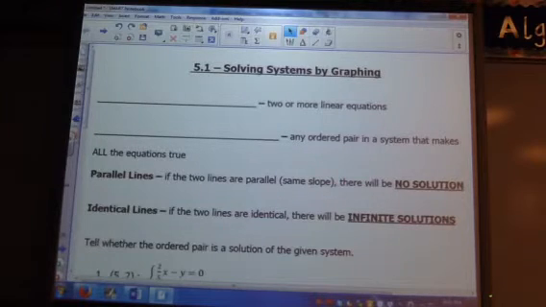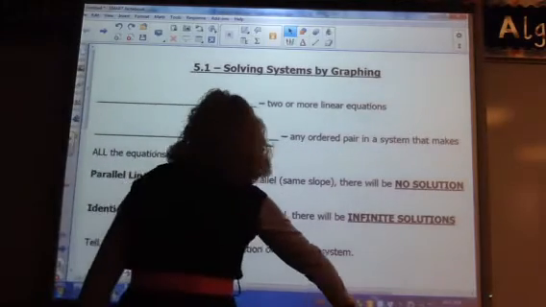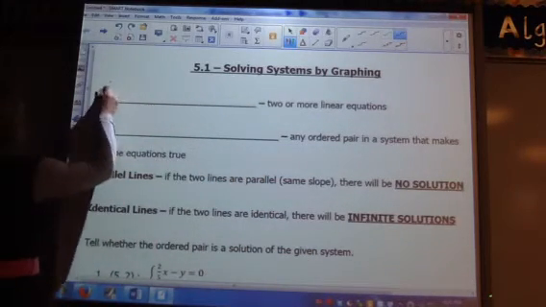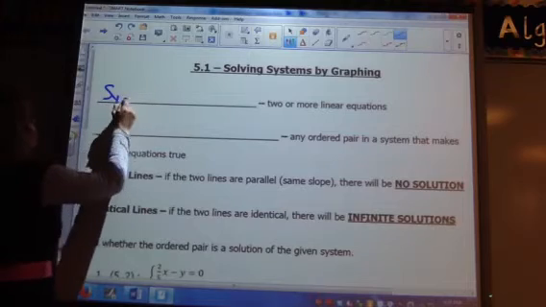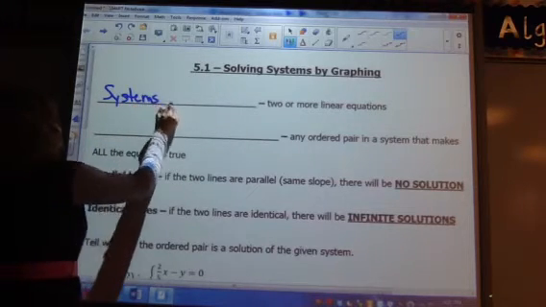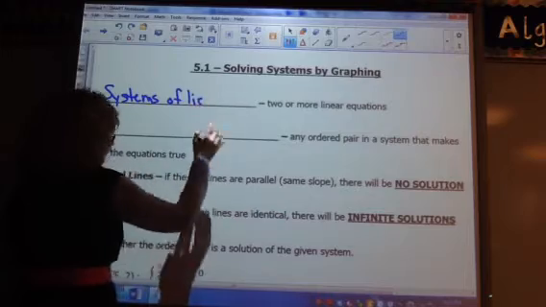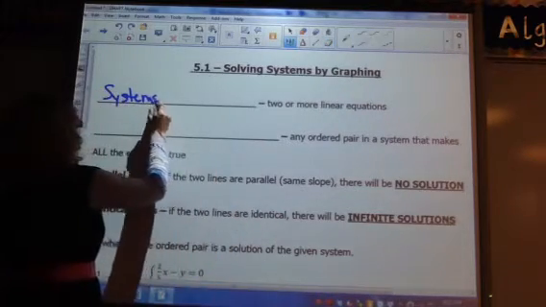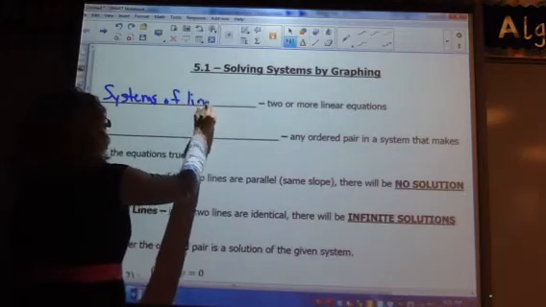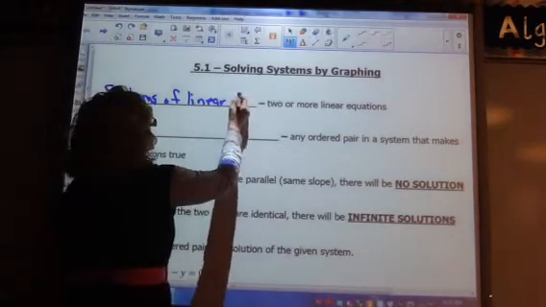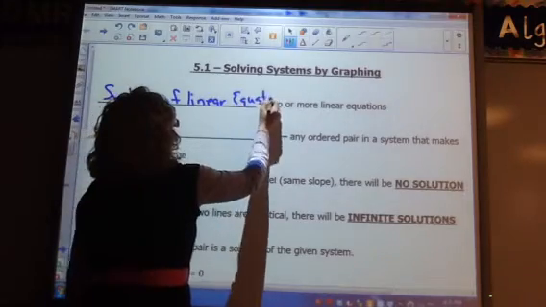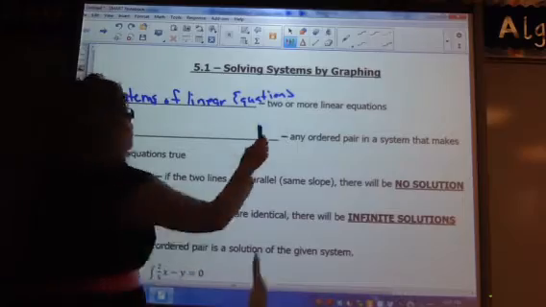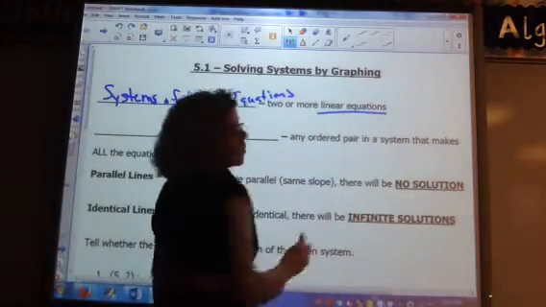So this part will be on your template. A system of linear equations is two or more linear equations, okay?